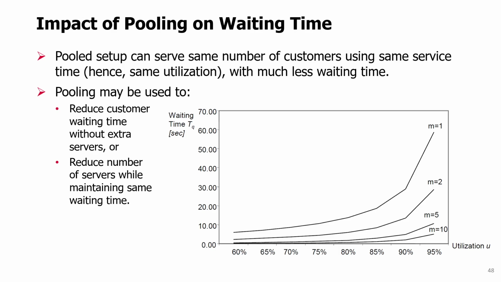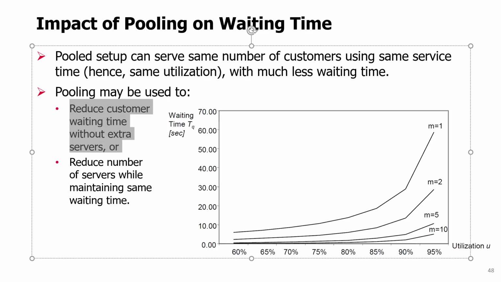So the first benefit is that you can reduce waiting time without extra servers, or you can actually reduce the number of servers, keeping the same waiting time. It's going to be harder to see on this graph, but let's say you had 5 servers serving a certain demand stream, with two systems, each with 5 servers.